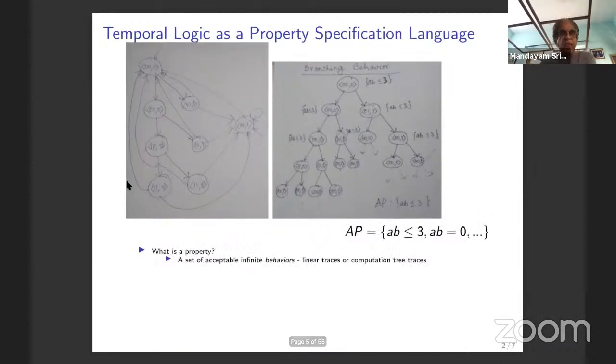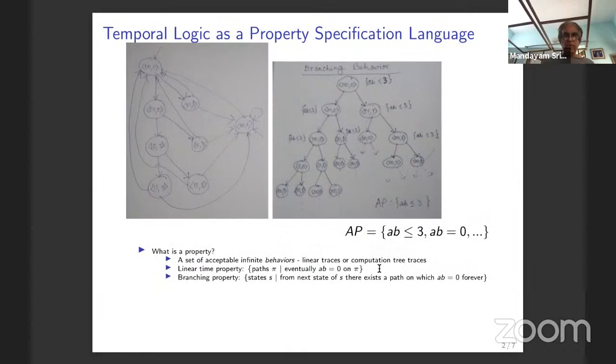Okay, you've seen this. So this is something that is repeated. What's a property? Given this, it's a set of acceptable infinite behaviors. They can be either linear traces, defined as a set of traces, or a computation tree of traces.